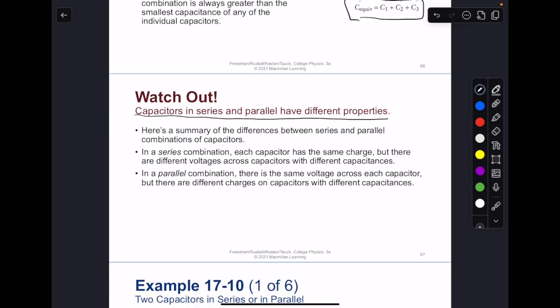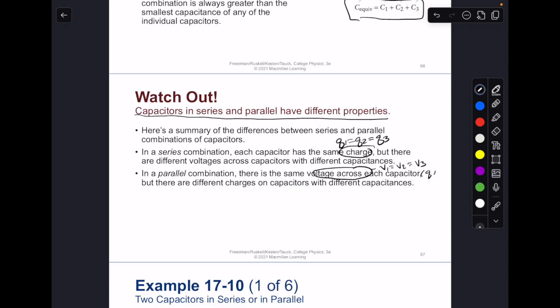Recall what I wanted you to focus on about capacitors in series versus in parallel. They have different behaviors, different properties. In series, they have the same Q, right? In series, Q1 equals Q2 equals Q3. However, in parallel, the Q's are different, but the voltages are the same.